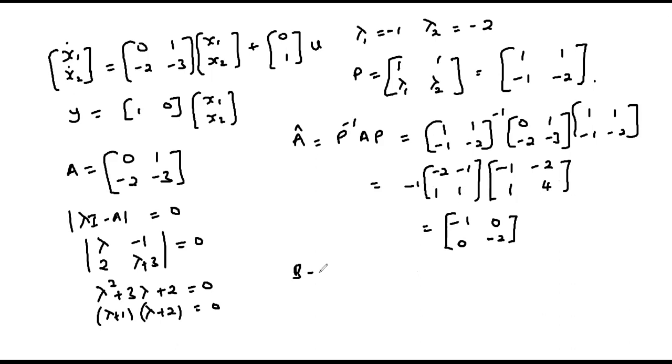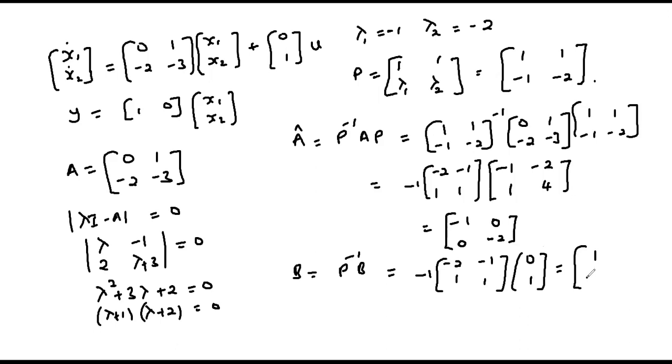Our matrix B will be given by P inverse B, where P inverse is this matrix, negative 1 into minus 2, negative 1, 1, 1, multiplied by matrix B, which is 0, 1, which will be equal to 1, negative 1.